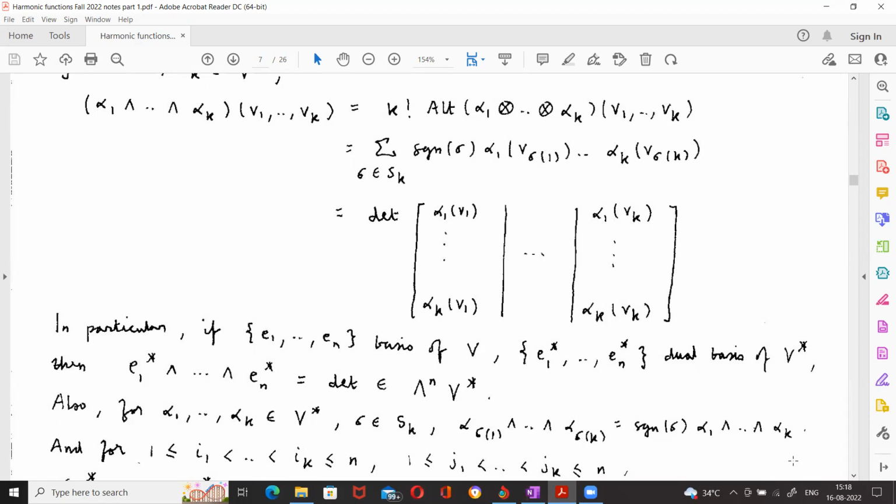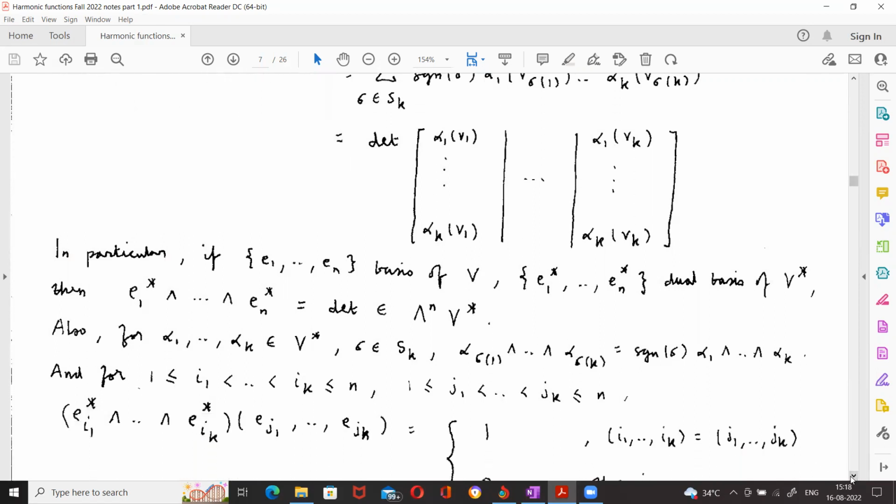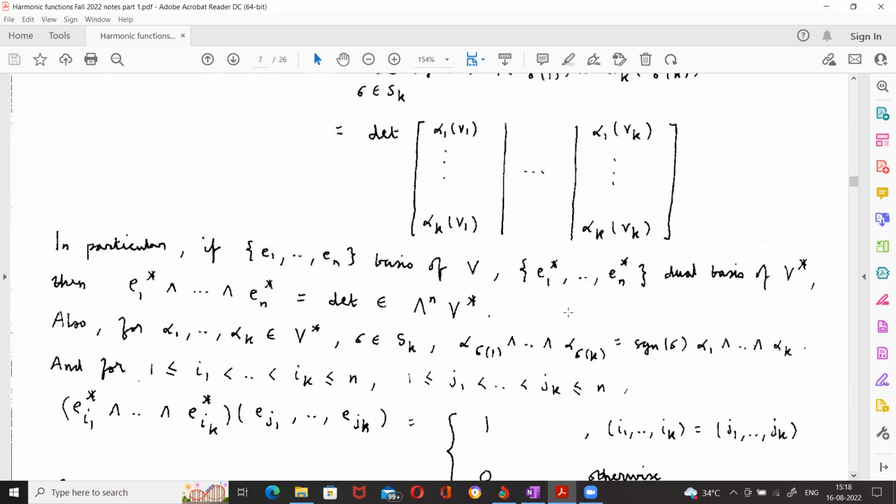Okay, fine. Now from writing this wedge as a determinant, we get other properties also. So alpha 1 to alpha k are in V star, and sigma is in Sk. Then what happens if I permute the alpha i's?